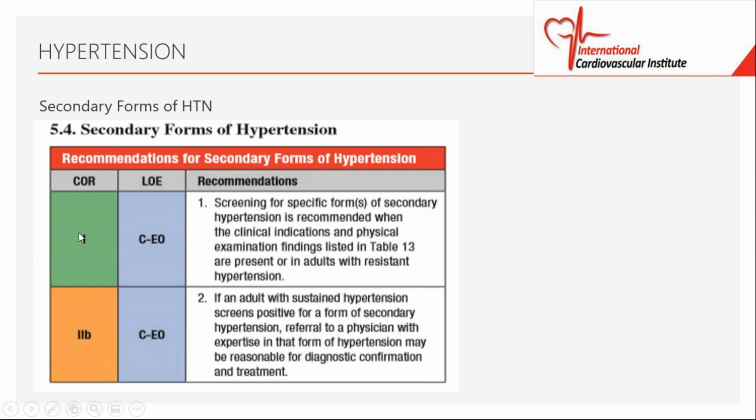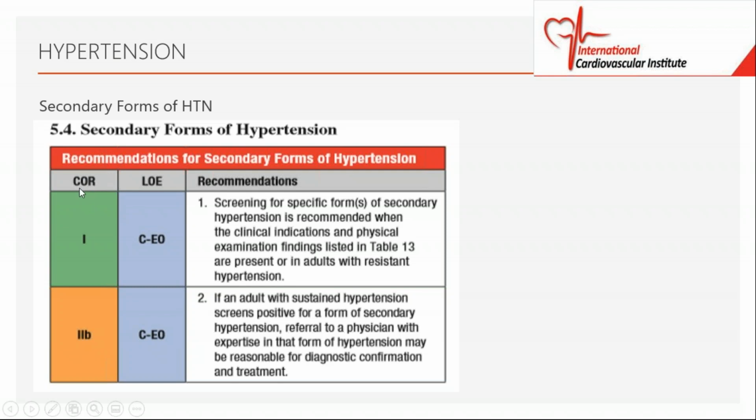Okay, so I'm going to put up a lot of boxes looking like this. Whenever we're doing any tests, or any procedures, or prescribing any medication, we give it a class. And this is the class of recommendation.